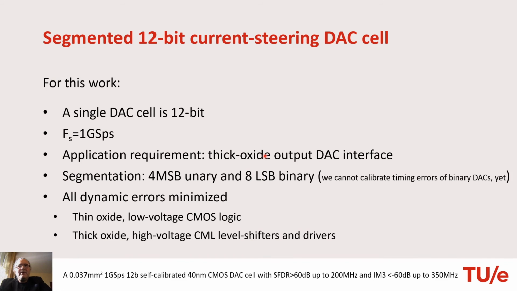It had to be high performance, so we could not use fully binary architectures. Still, we cannot calibrate timing errors. We can calibrate only amplitude errors. So this was the reason why we chose segmentation, which is 4 MSB bits unary and a very large portion of binary LSB, 8 LSB binary.